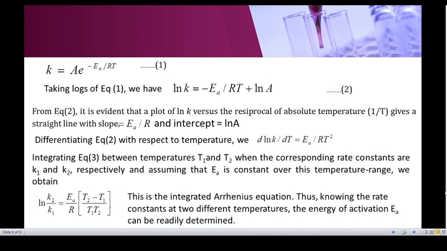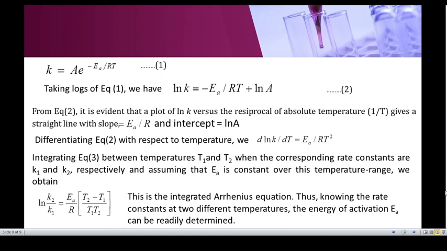This is the important integrated Arrhenius equation, from which we can calculate the energy of activation by knowing the rate constants at two different temperatures.